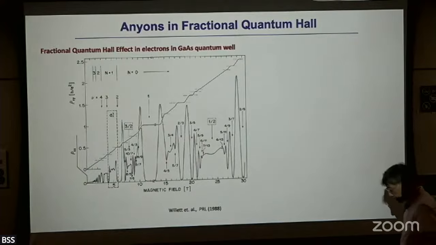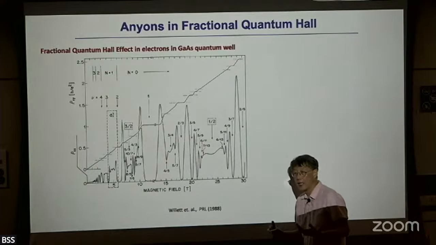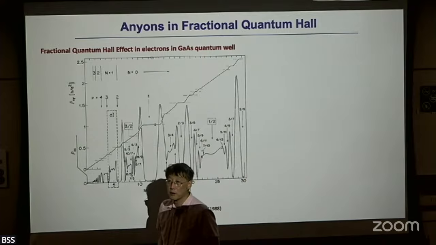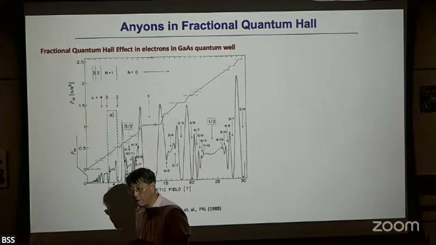One of the fertile grounds for looking for these anyons, abelian or non-abelian, is fractional quantum Hall states, starting from the Laughlin wave functions.